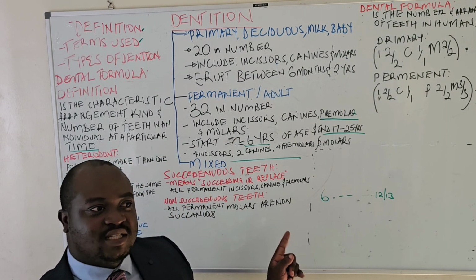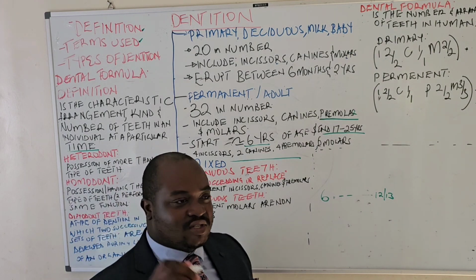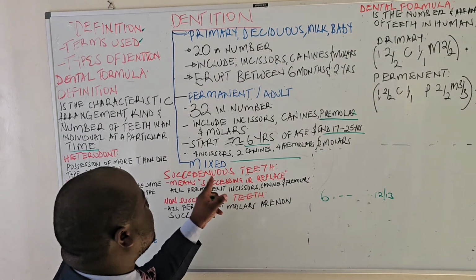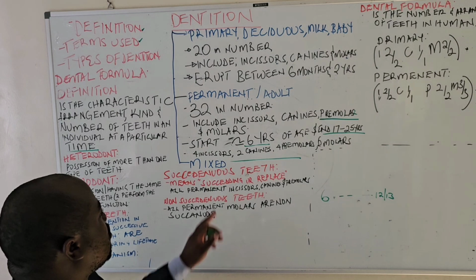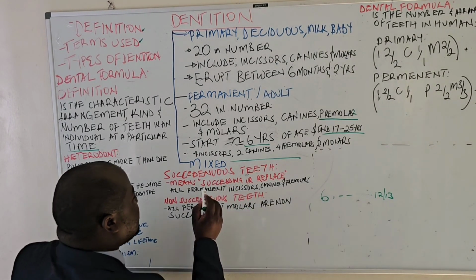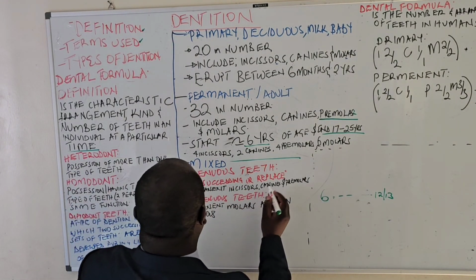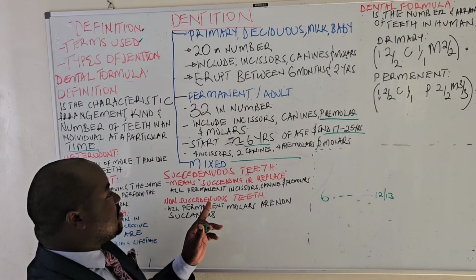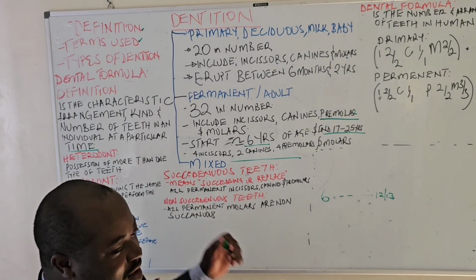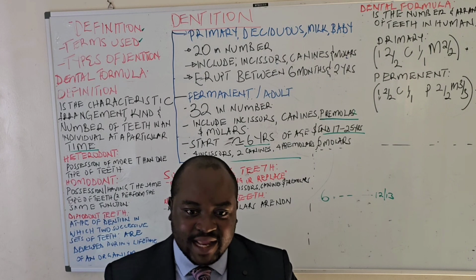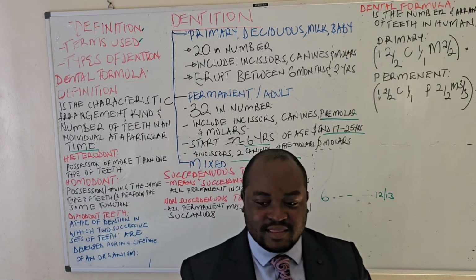In that mixed dentition, we shall have a terminology called succedaneous teeth. So what are succedaneous teeth? The word succedaneous means succeeding or replacing. Replacing means that there was something before and another one is taking its place.